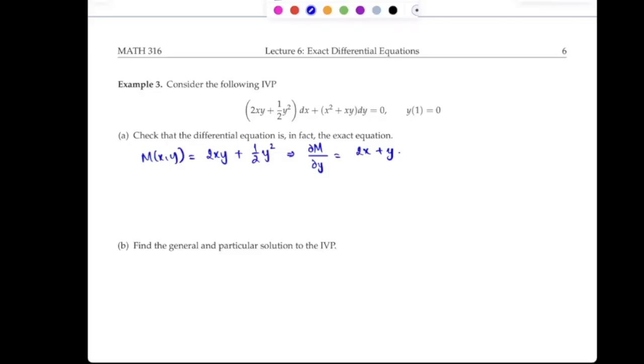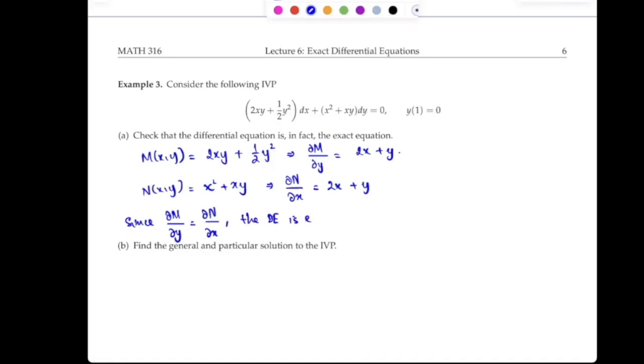Now capital N of x comma y is equal to x squared plus xy, which implies that partial N partial x gives us 2x plus y. So since partial M partial y equals partial N partial x, the differential equation is exact. DE means differential equation.